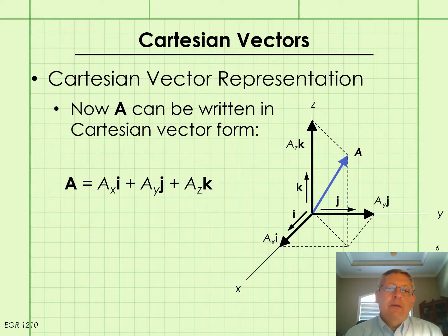So using i, j, and k, we can now write the vector A in Cartesian form. So A can be written as the magnitude of A sub x times the unit vector i plus the magnitude of A sub y times the unit vector j plus the magnitude of A sub z times the unit vector k.